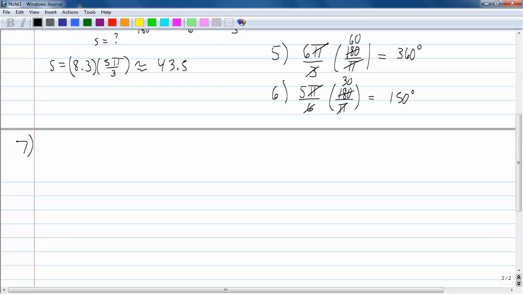Number 7 is an area problem. The area of a sector of a circle. That formula is area equals 1/2 r squared theta. The problem says that r equals 14 inches, theta equals 5 radians. What is the area? So area is 1/2 times 14 squared times 5 radians.